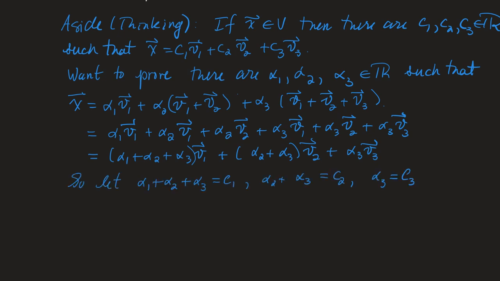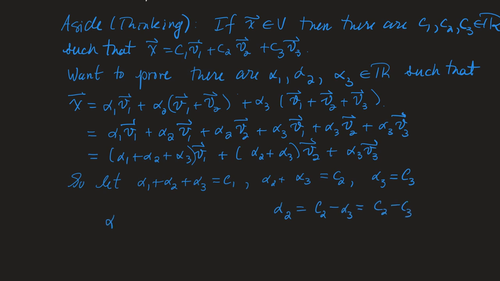I've written that out, and now I can just solve for alpha 1, alpha 2, and alpha 3. If alpha 3 is C3, then alpha 2 is going to be C2 minus alpha 3, which is C2 minus C3.